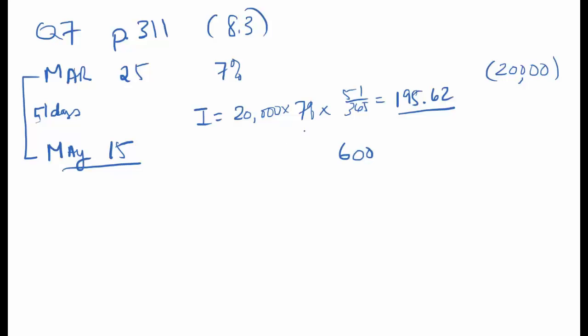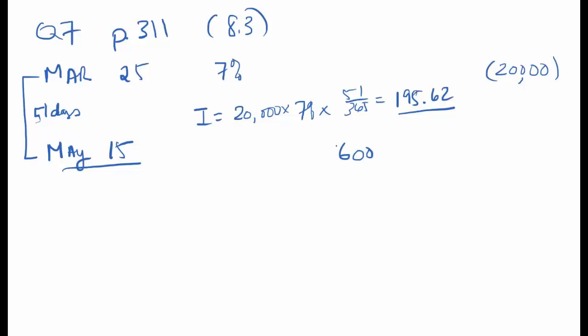What I need to do is, first of all, I know that I'm making a payment of $600, which means that you must pay the interest first. You can only reduce the balance by first paying off the interest.